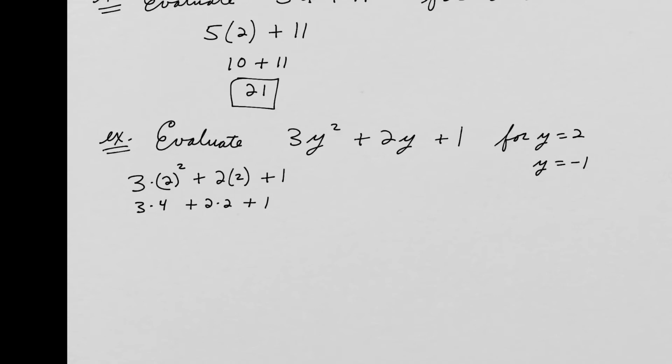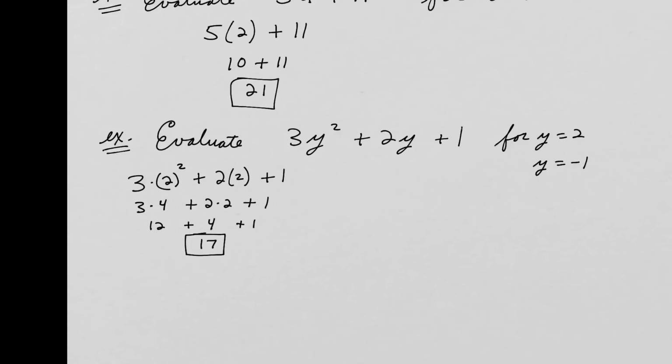Then I have to do multiplications. So 3 times 4 is 12. 2 times 2 is 4, plus 1. And then I can add left to right. So 12 plus 4 is 16 plus 1. This is going to be equal to 17. Okay, so if I evaluate that polynomial when y is 2, I get 17.